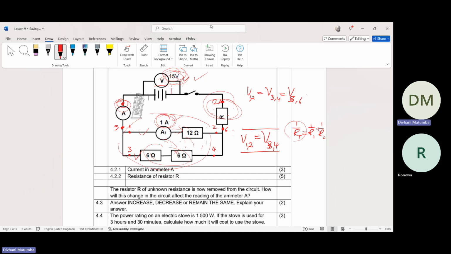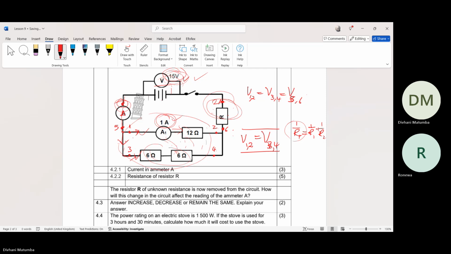Yes. Okay, and you also understand that the current at A, when it gets to this point, is going to be divided into two portions. Some of the current is going into this branch and some of it will go into this one.